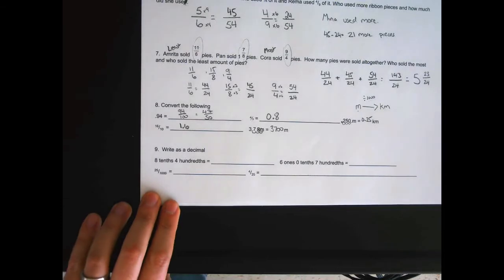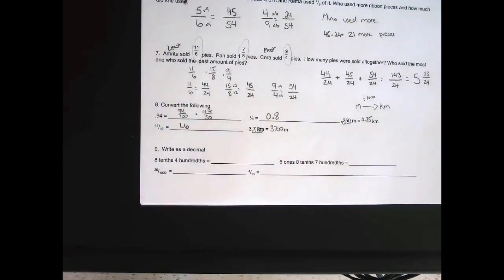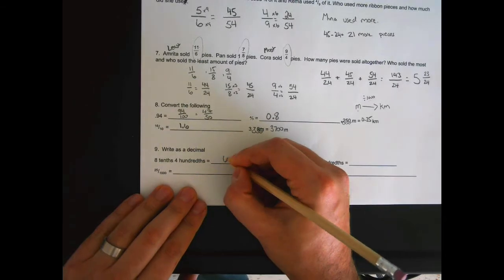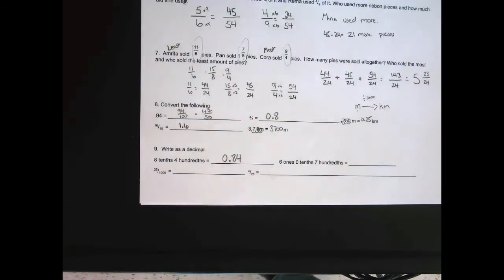The last one, write as a decimal, you have 8 tenths, 4 hundredths. What does my decimal look like? 0.84 is correct. What about the next one? 6 and 7 hundredths.